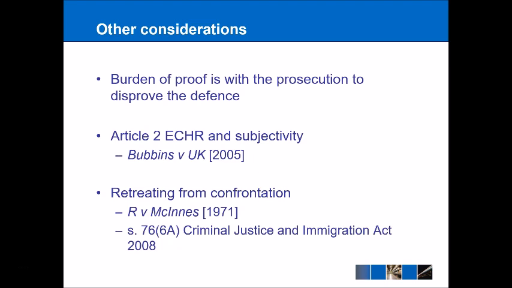And they've been quite critical of that and said that where we're justifying murder on these grounds, we shouldn't allow any subjectivity. It should be based on what the reasonable person thought, so that people can't just get away with killing people. Now, the court hasn't addressed this directly, but they had the opportunity to address it in Bubbins v UK, which was a 2005 case, and they decided not to. So we can probably pretty safely say that the test does stand up to convention standards.